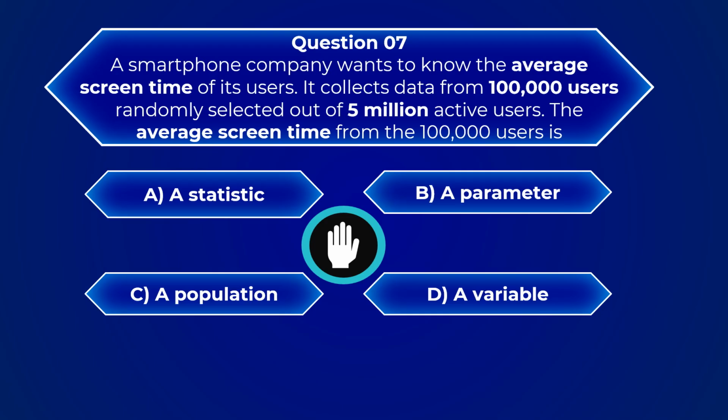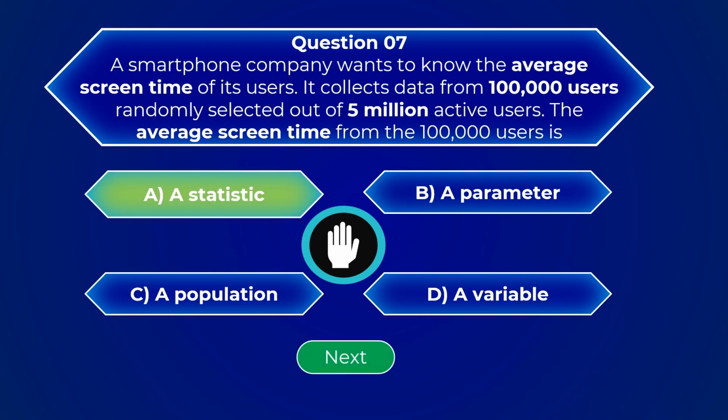So here 100,000 is a sample, so the average screen time from the sample is called statistic. So the right answer is the answer A, and it is not the answer B, and not either the answer C or D.